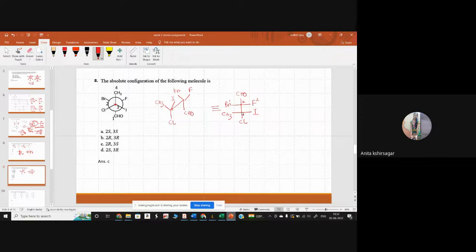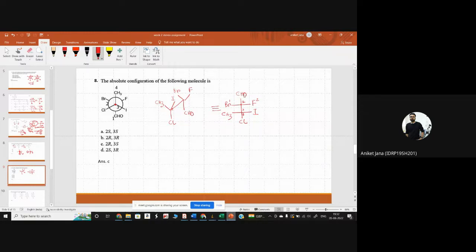The third carbon, yes. This one will get the third priority. Why not CHO?